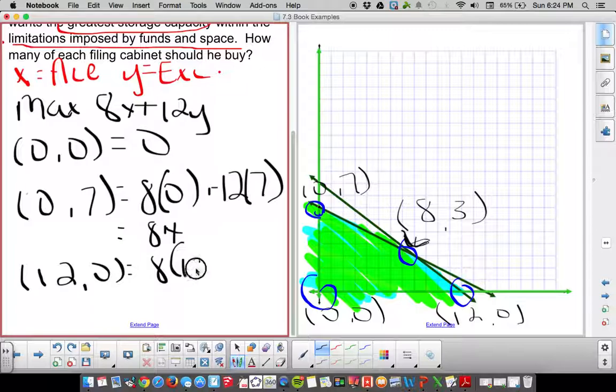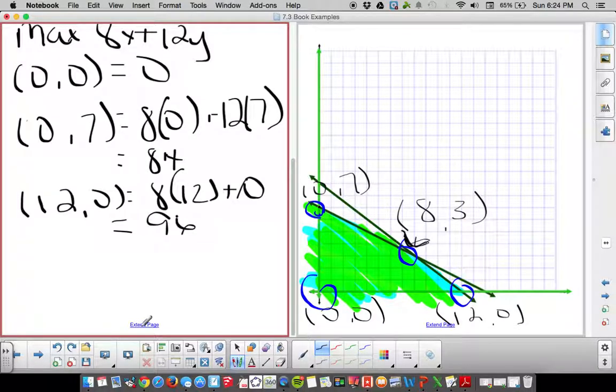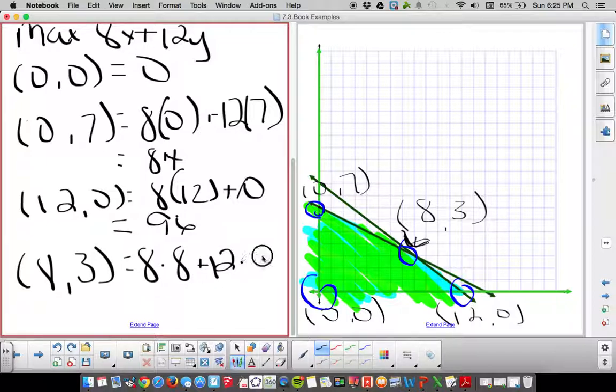8 times 12 plus 0, that's 96. And 8, 3 is 8 times 8 plus 12 times 3. 8 times 8 is 64. 12 times 3 is 36. 64 plus 36 is 100.